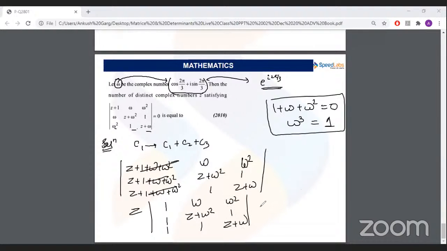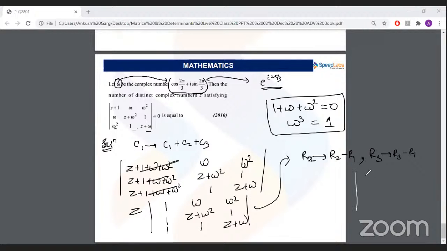So you can now apply two operations simultaneously: R2 equals R2 minus R1 and R3 equals R3 minus R1. I am directly applying two operations at one time. So just see what R2 minus R1 will be.